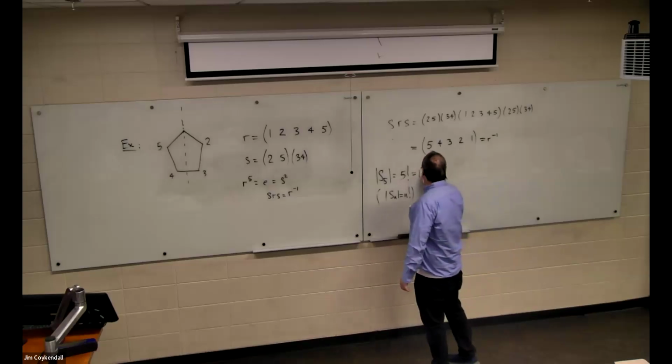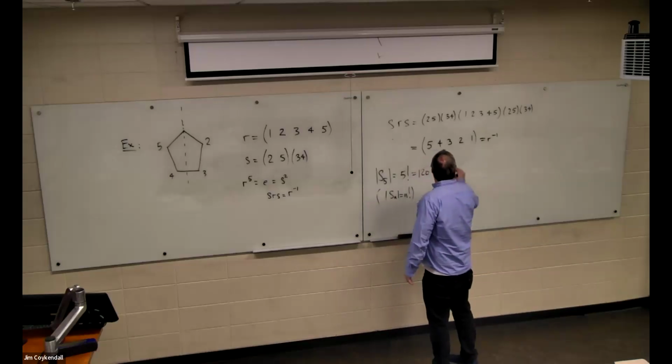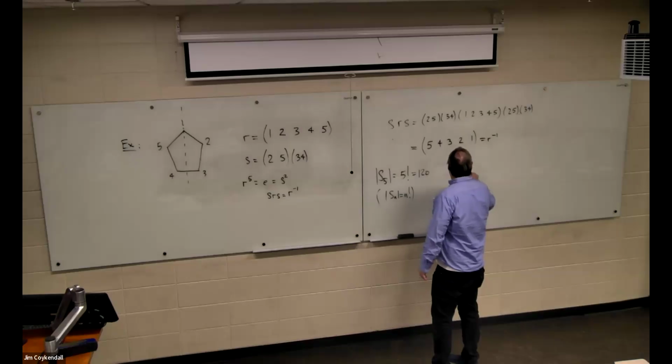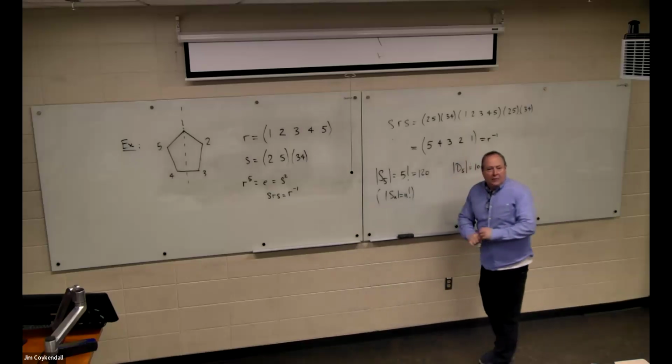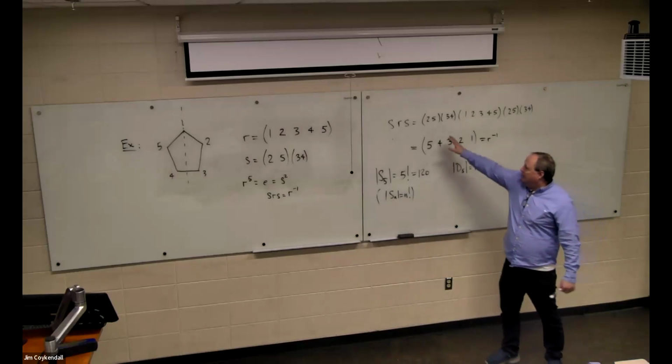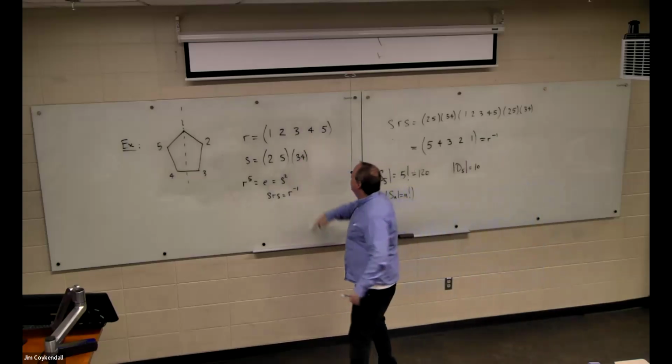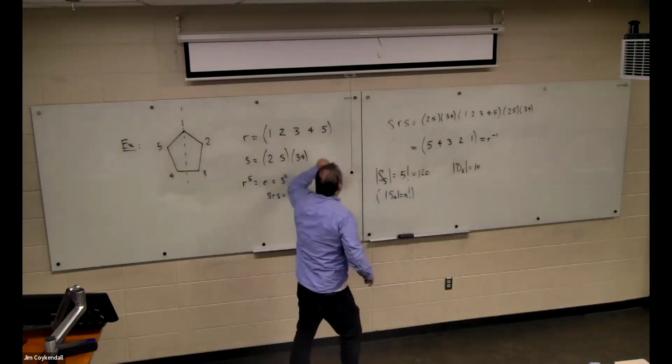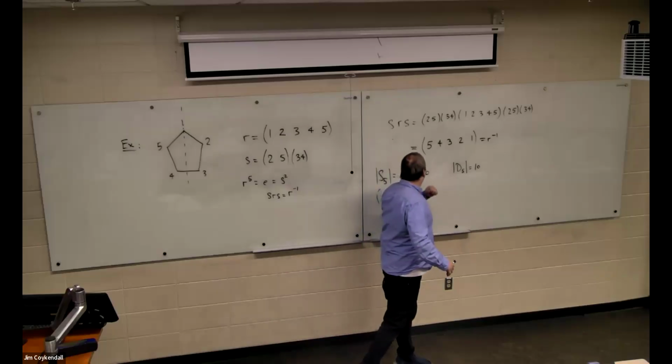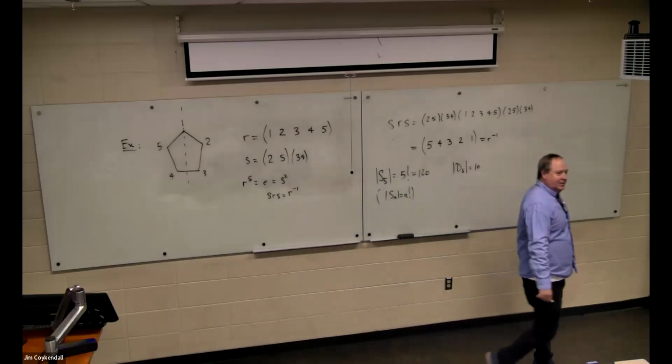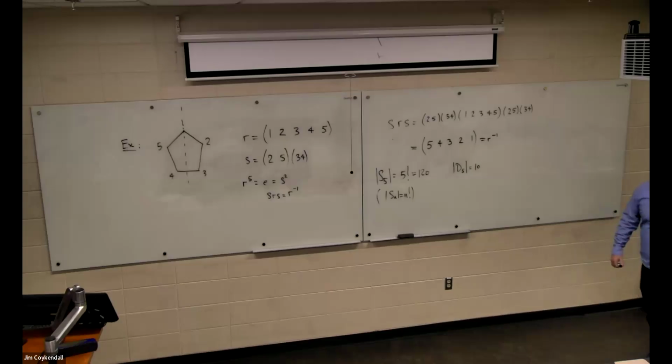This is 120. And the order of the dihedral group on the 5-gon is 10. So yes, you've got this little subgroup of all of S5, and it's just got this little piece in here that does it, which is really kind of nifty, right?